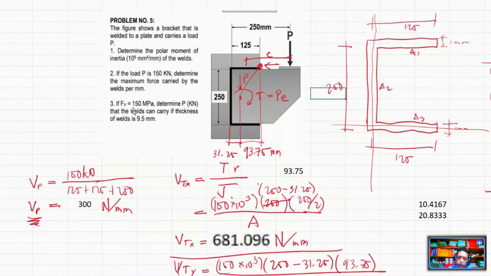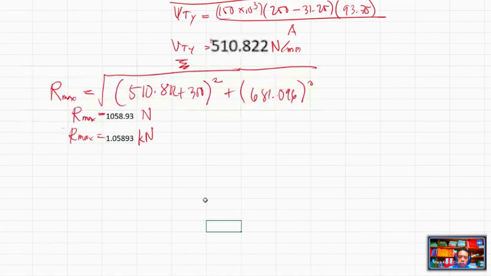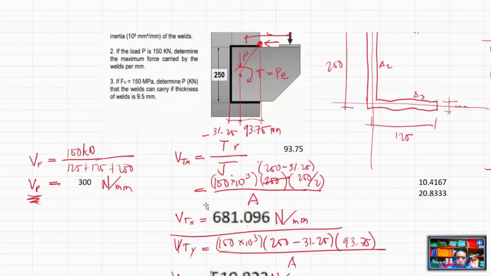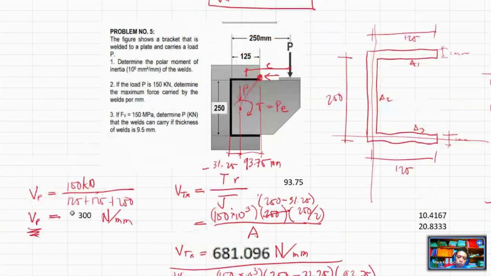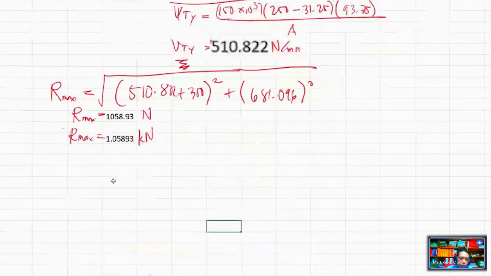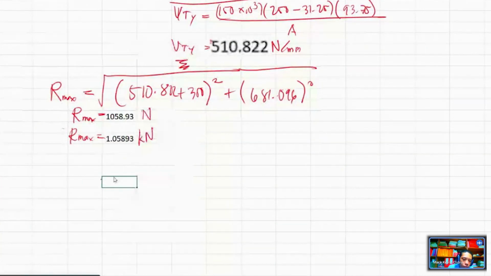Okay, but let us express the stress in terms of its force. We can do that. Parang gin-resolve niya but gin-express niya in terms of P. So we don't know the value of your P, di ba? So, this will be your V shear due to the force P, of which we don't know the value.